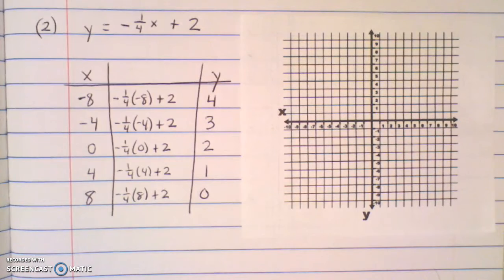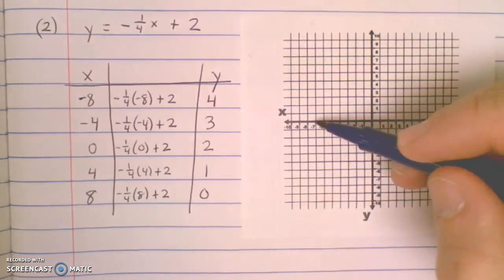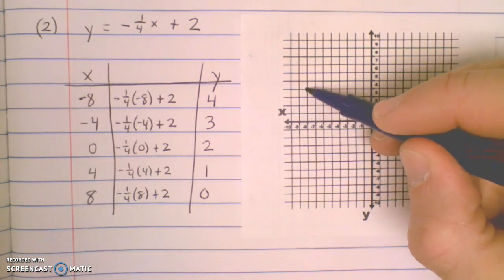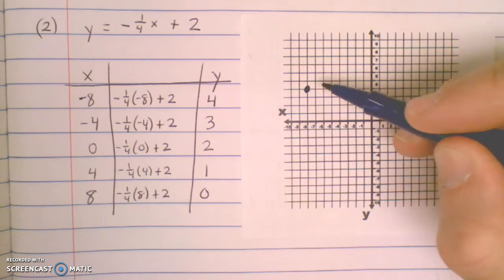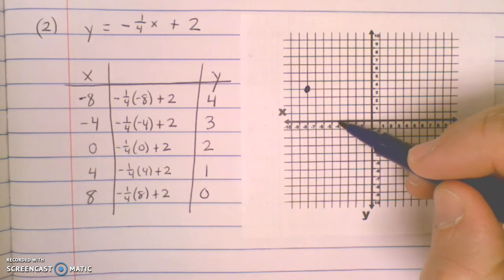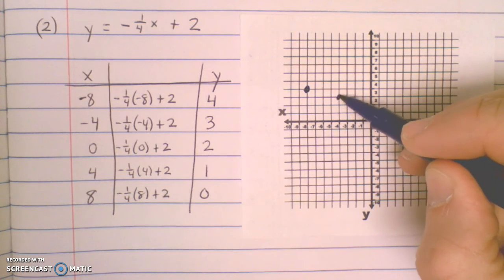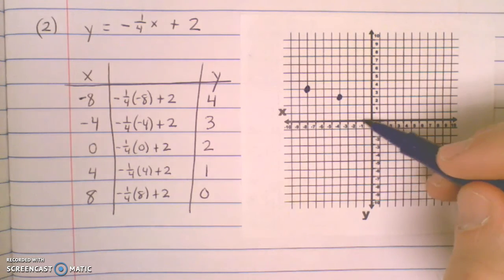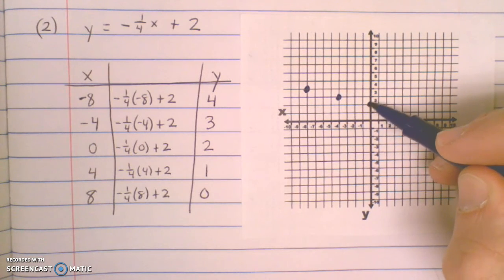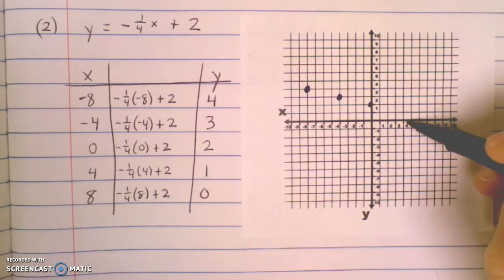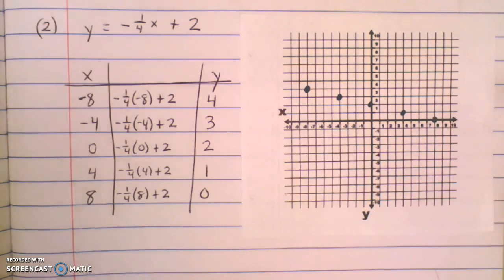And we'll plot those points. So we have negative 8, comma 4, negative 4, comma 3, 0, comma 2, 4, comma 1, and 8, comma 0.